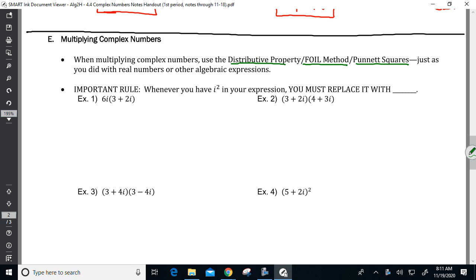The only thing you have to keep in mind is if i squared pops up in the problem, which it most likely will, you must replace it with -1. Most of the time when you multiply, i squared is going to pop up. You take the i squared out, put in -1, and then you keep simplifying.